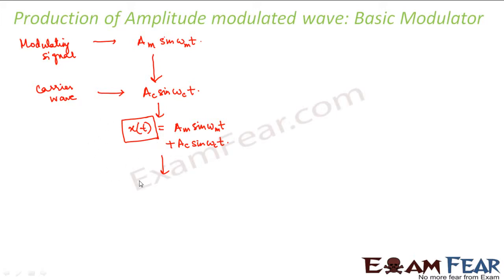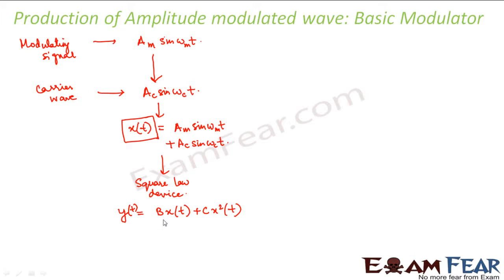Then this output is made to pass through a square law device. Now there is a new term. What is a square law device? A square law device is any device into which when you give an input x, the output y is of this form. And that is why it is known as a square law device.